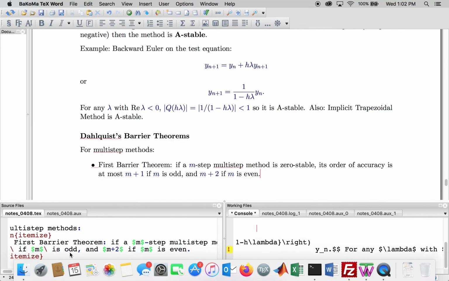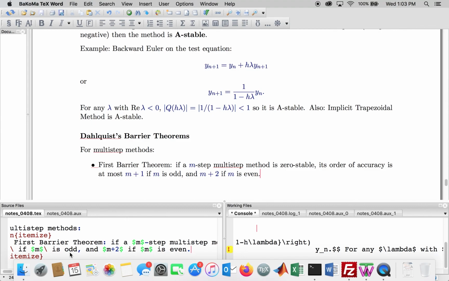Now, zero stable can be strongly or weakly, but if a method is stable at all, then there's this upper bound on the order of accuracy. In other words, it is possible to have higher order accurate m-step methods, but then you give up zero stability.